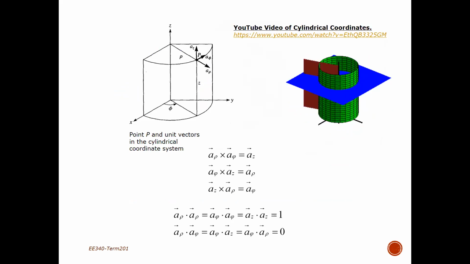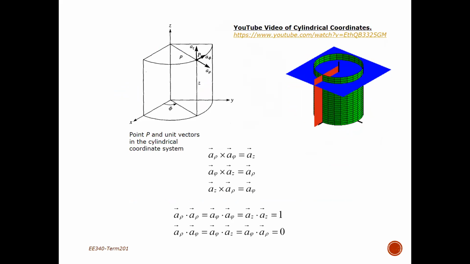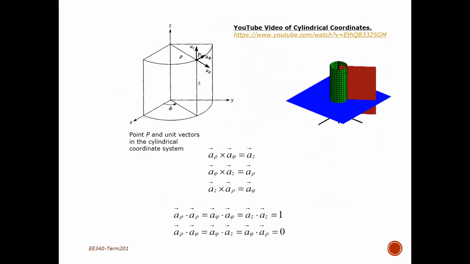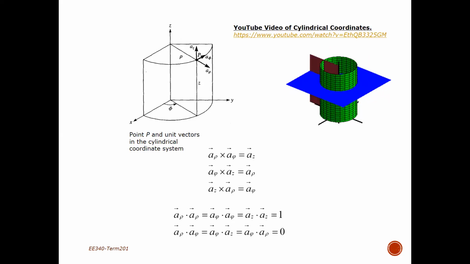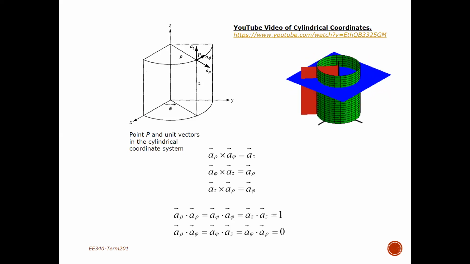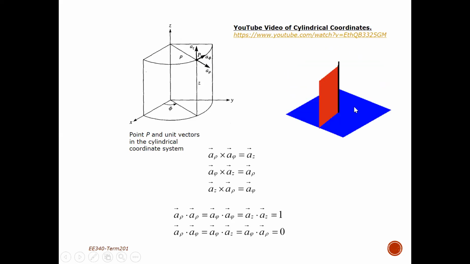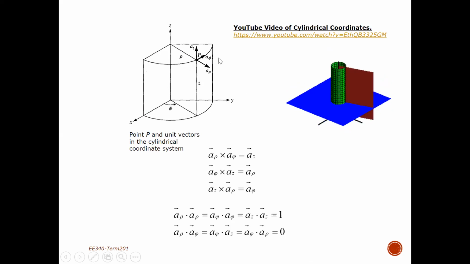For rectangular coordinates it was very easy because x, y, and z directions were fixed. Wherever you go in space, the x, y, and z directions will be the same. But in cylindrical coordinates, you need to be a little careful. First, how are the unit vectors? Let's see here.